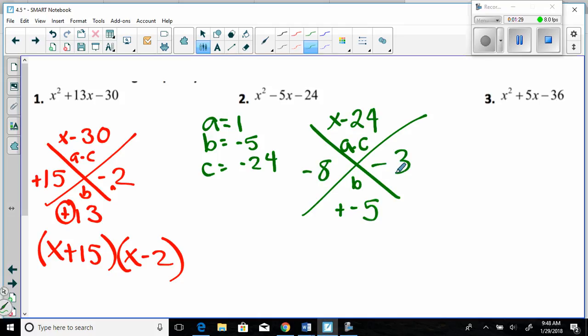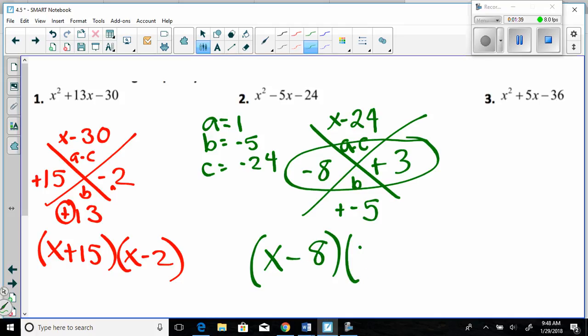Since that's negative, we know the bigger factor is going to be negative. Then you have X minus 8, X plus 3.